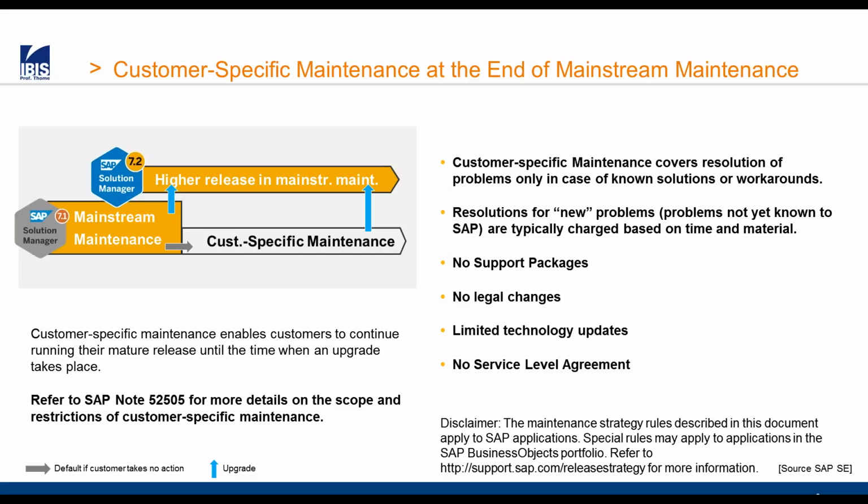That means there will be no support packages, no legal changes in the future for you. There will be only limited technology updates. There is no SLA for you. And when it comes to maintenance, and there's no proper predefined solution for your problem, it will be charged based on time and material. Overall, these are points which really can hurt a customer, especially when he's in a productive environment.